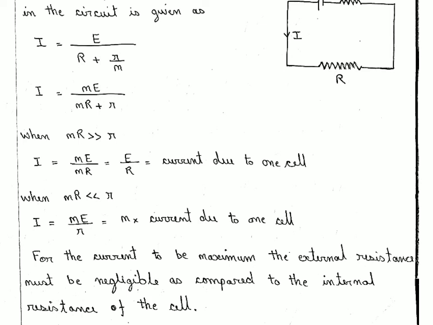So for the current to be maximum in this parallel combination, the external resistance has to be very small, that is negligible, as compared to the internal resistance of the cell. Unlike in the series combination, where the external resistance has to be much larger than the internal resistance, in parallel combination the external resistance has to be small as compared to the internal resistance for the current to be maximum, or to draw maximum current from the cell.